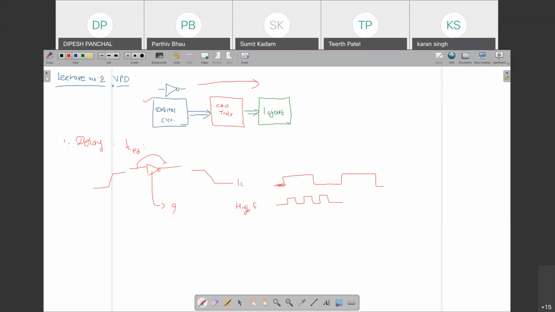The first one is the low frequency signal. Let's say this is my input, low frequency as well as high frequency. Because of the parasitic capacitance involved, the charging and discharging of the capacitor inside the device, our output responses look like this. They do not exactly follow the input.